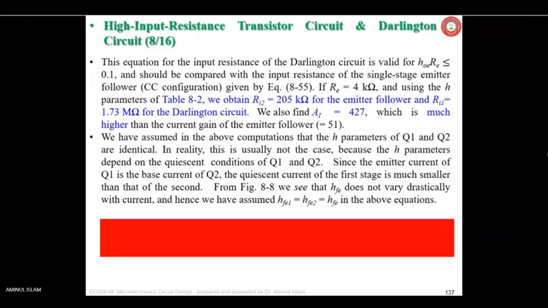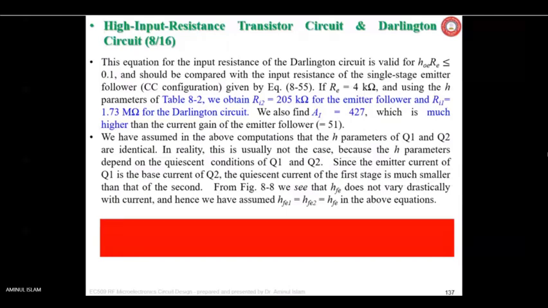If RE equals 4 kilo ohm and using H parameters of table 8-2, we obtain RI equals 205 kilo ohm for the emitter follower and RI1 equals 1.73 mega ohm for the Darlington circuit. We also find AI equals 427, which is much higher than the current gain of the emitter follower. So in the Darlington pair, we are getting very good current gain.